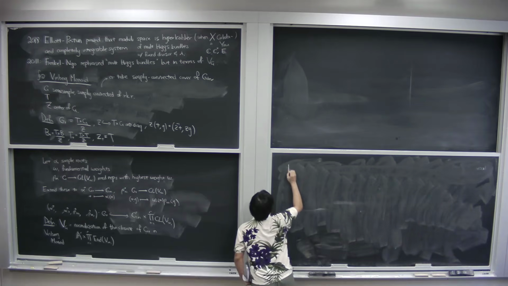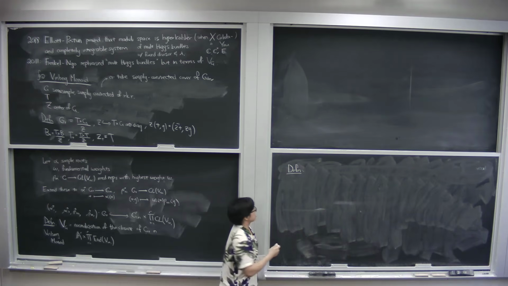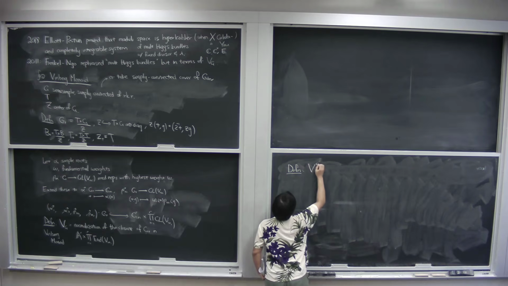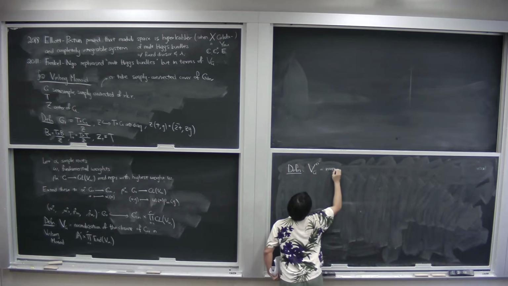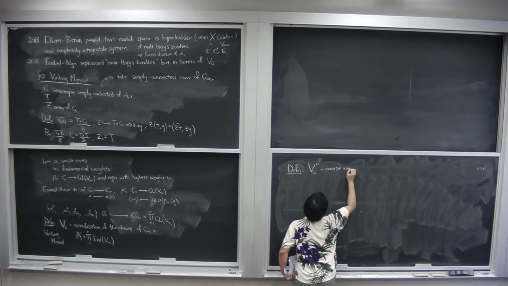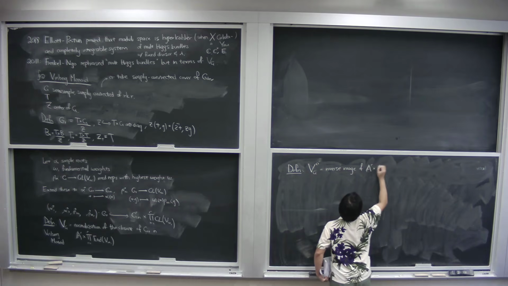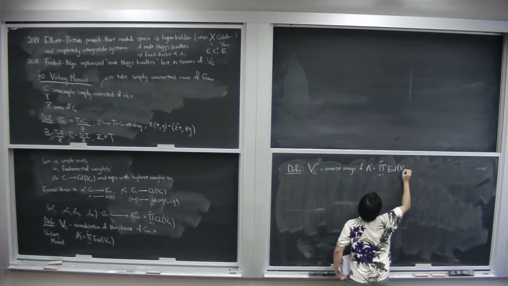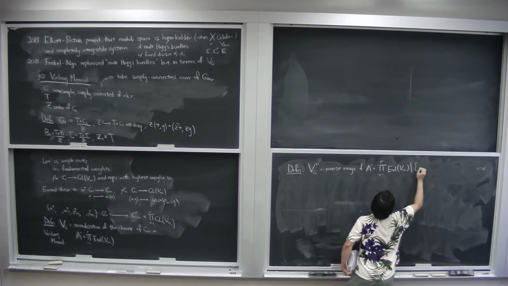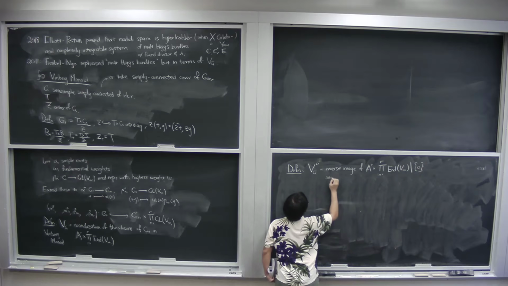So another definition: there is a smooth open dense subvariety in V_G called the non-degenerate locus. This is the inverse image of A^r times r copies of endomorphisms, but without zero. And this is a smooth open dense subvariety.